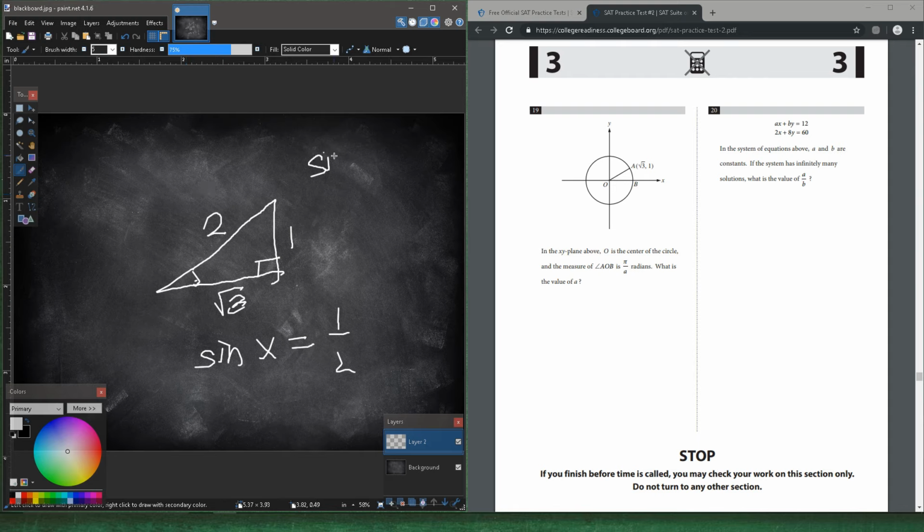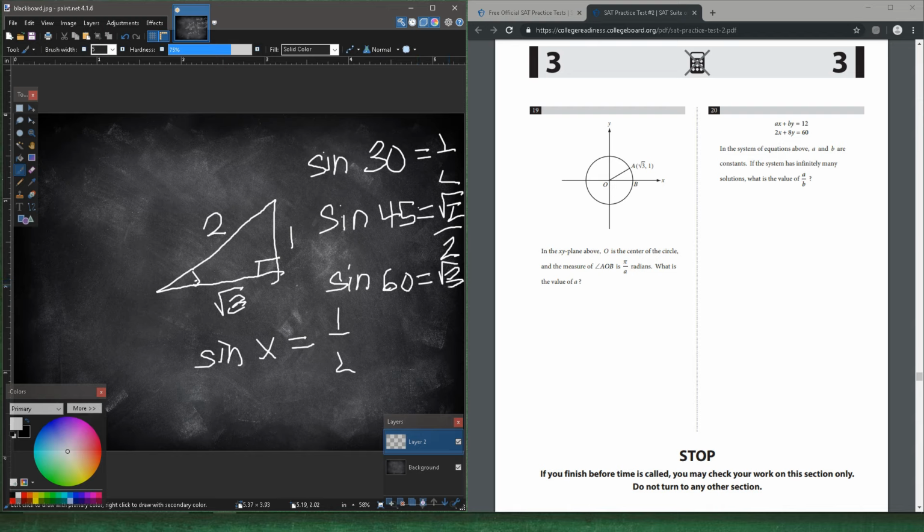Sine of 30 is 1/2, sine of 45 is equal to square root 2 over 2, and sine of 60 is equal to square root 3 over 2.